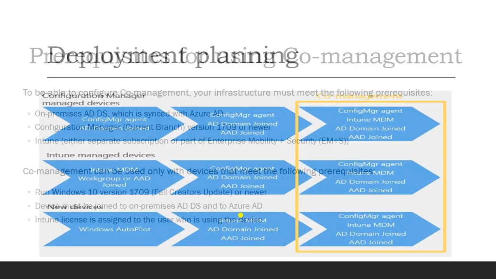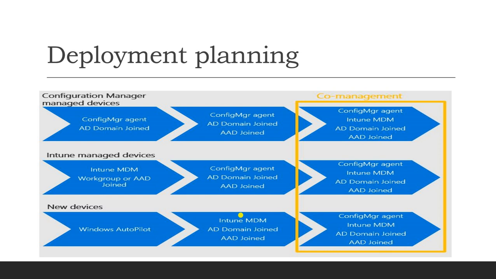So let's have an example now. This is deployment planning in terms of your configuration management, the Intune managed devices and the new devices. Let's look at the first example. When you have your SCCM infra and the Config Manager agent is installed, what is the next step? Suppose your SCCM client is installed on a machine, and that machine is already part of the on-premises Active Directory.